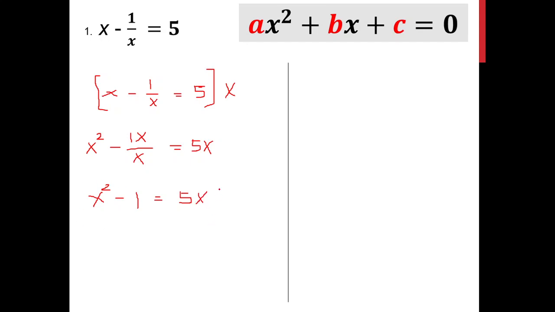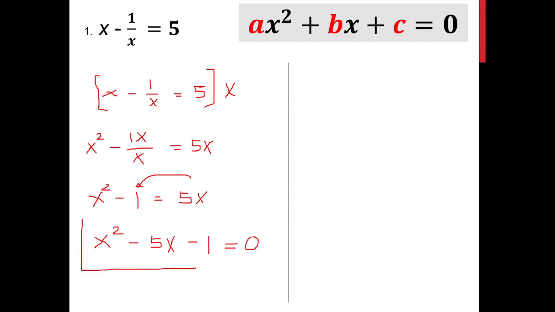Now in here, we do not have any fractions. And then we can transform this one into the standard form by using the additive inverse, or simply transpose that one to the other side of the equation. So you have x squared, your positive 5x becomes negative 5x, and then minus 1 equals 0.